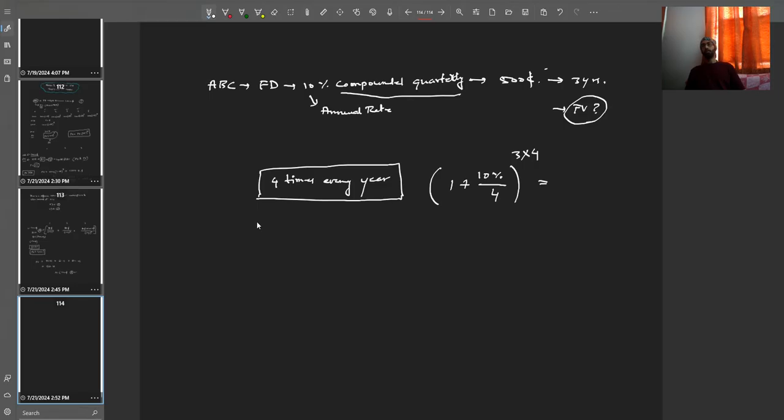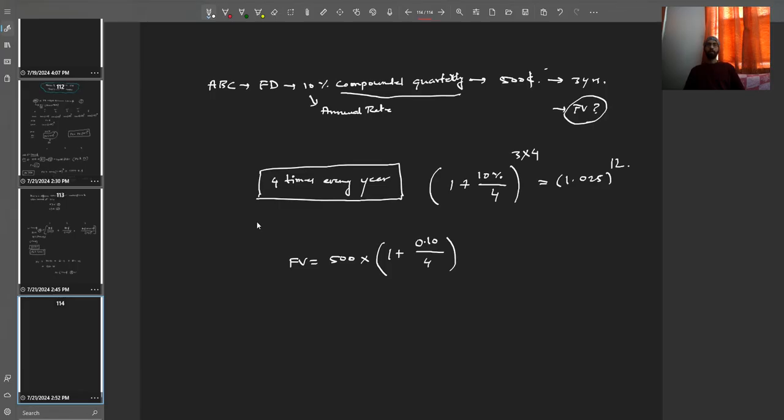So this is equal to 1.025 raised to the power of 12. So the future value becomes FV is equal to 500 multiplied by 1 plus 0.10, which is nothing but 10%, divided by 4.